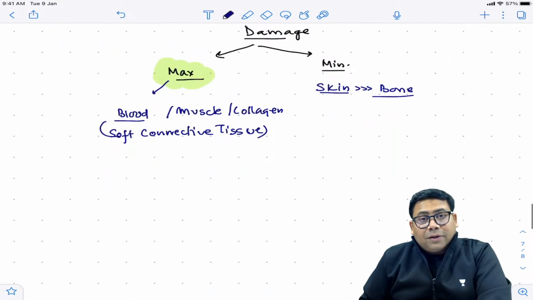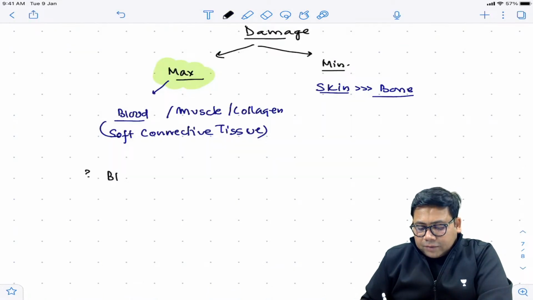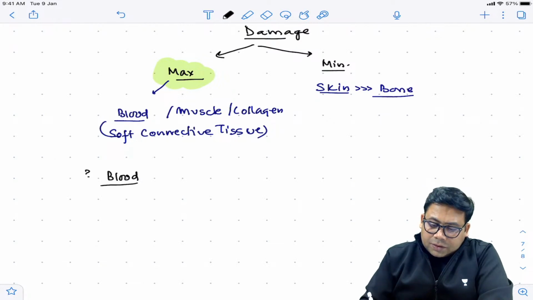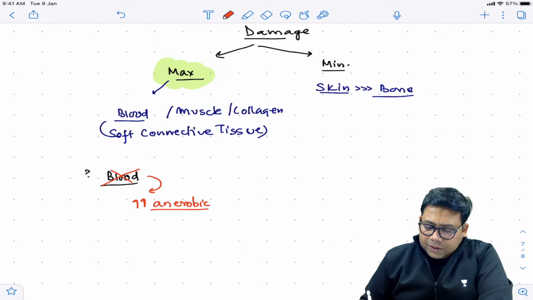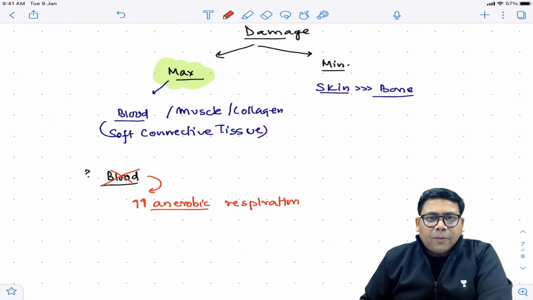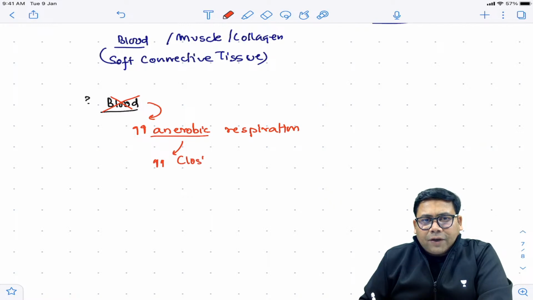Now one very important thing that you need to understand: there is damage to blood. Now what will happen if there is damage to blood? Since there is damage to blood, there is increase in anaerobic respiration. And since there is increase in anaerobic respiration, what is going to happen now? Come on, tell me. There is increased clostridial infection.